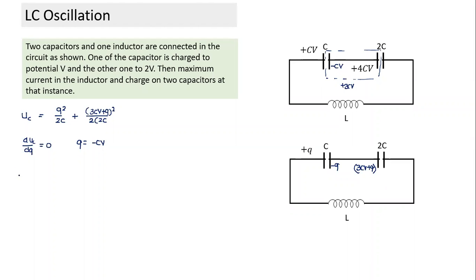So how do you find the maximum current? For maximum current, the total energy at t equal to 0 we equate to the total energy when Q is such that the energy stored in the capacitor is minimum.